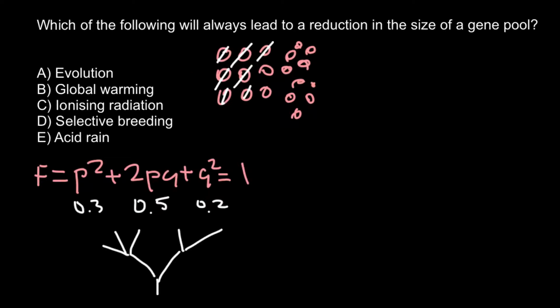Acid rain can affect not only terrestrial plants, but also marine life, and can lead to bleaching of coral reefs. So this is a good candidate, but answer D, selective breeding, would be an even stronger answer than answer E, because in selective breeding we're doing exactly what we see on this picture, but artificially.